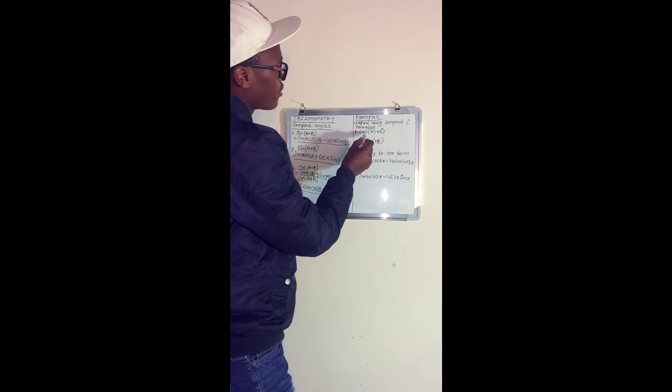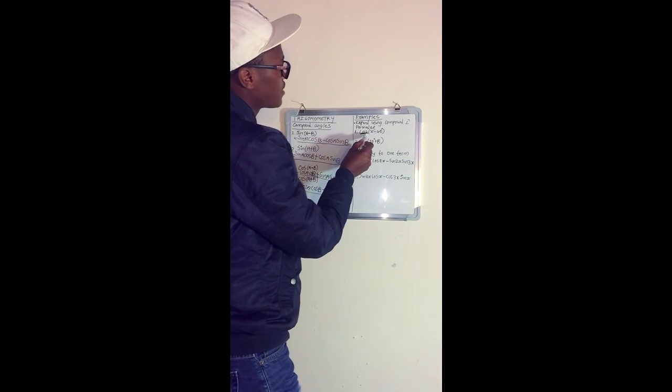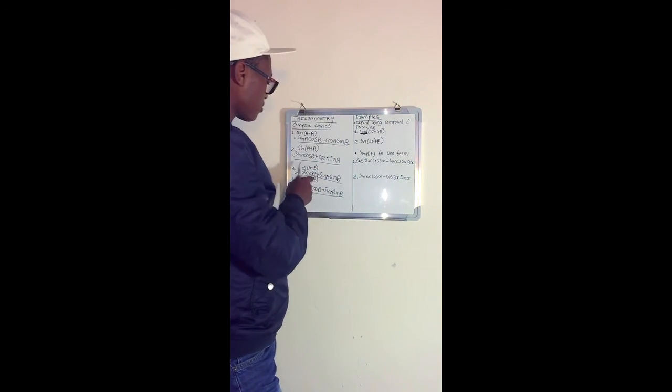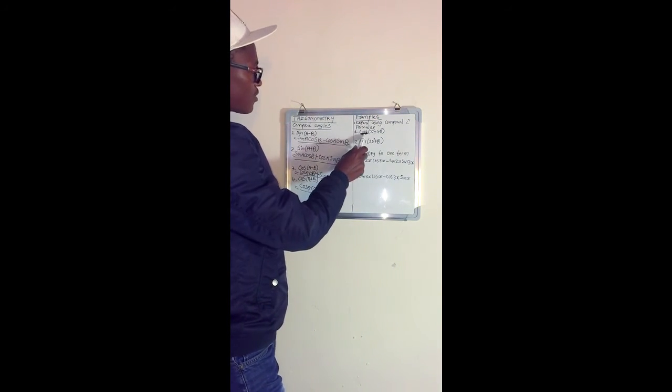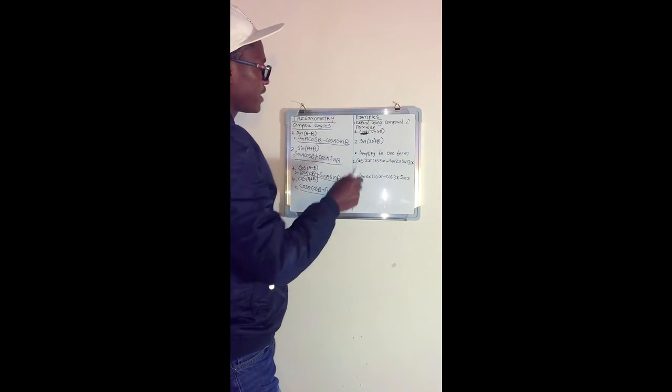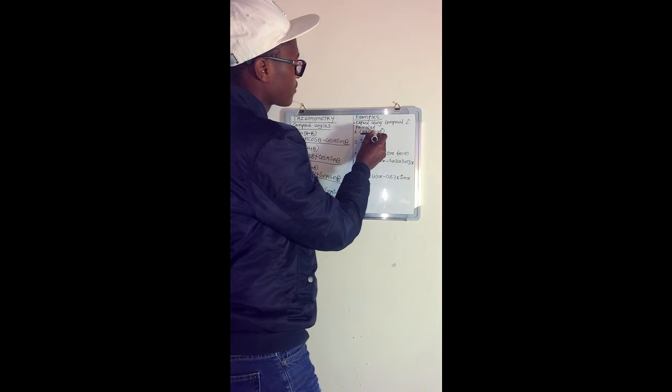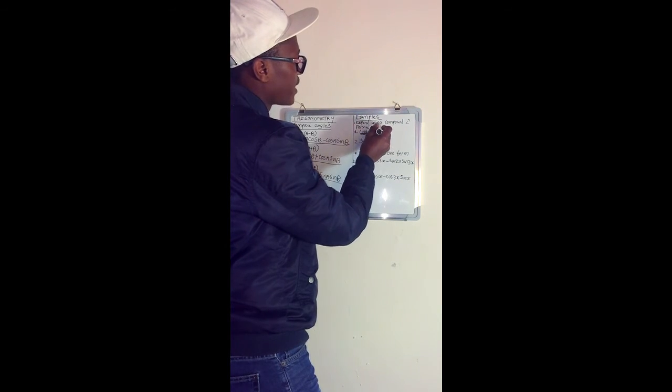So since we have cos here, it means we have to use the compound angle formula for cos, because we are given cos. And then after that, we are going to look at the sign of our angle.